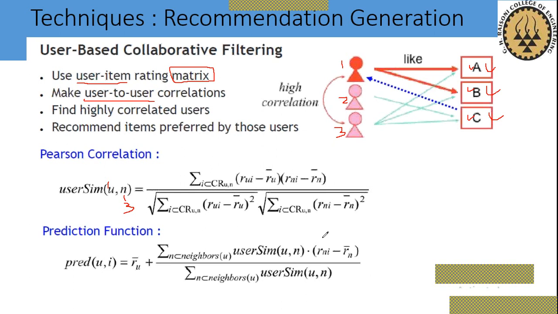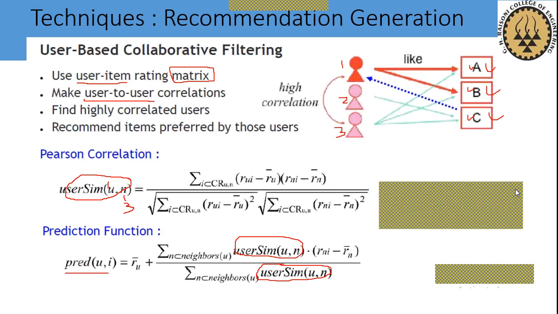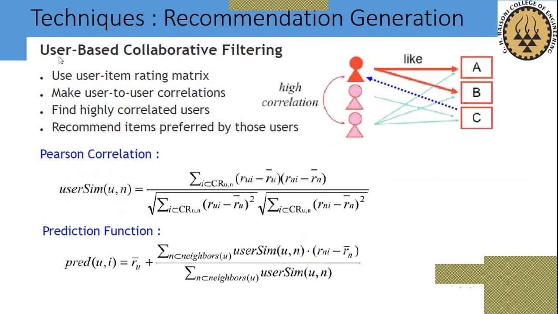Here we already found this value, the user similarity. We put this value from the earlier formula and you can solve the prediction for the users. So this is the formula to find out user-based collaborative filtering.